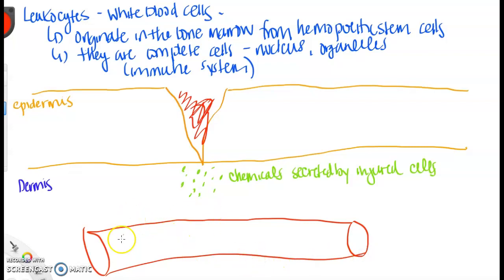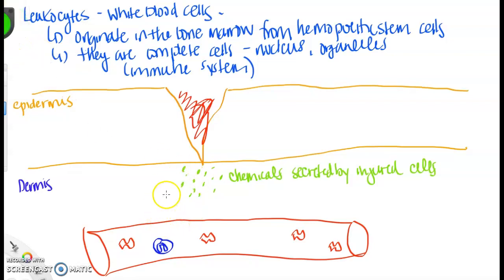And those capillaries, of course, are going to be filled with red blood cells because that's where they are. And that's what plasma is mostly made out of, as far as formed elements. But these chemicals are going to start to signal white blood cells. So these white blood cells, which are full cells, they have different kinds of looks to them, but these cells are going to be attracted to these chemicals.